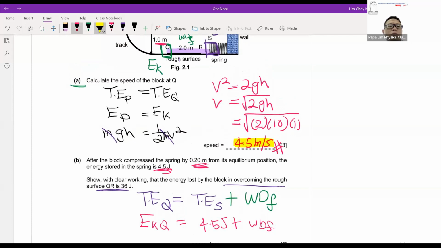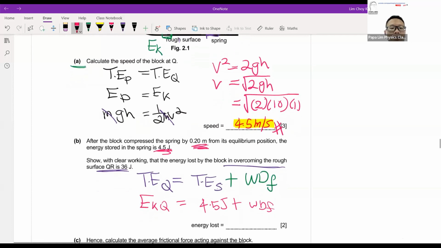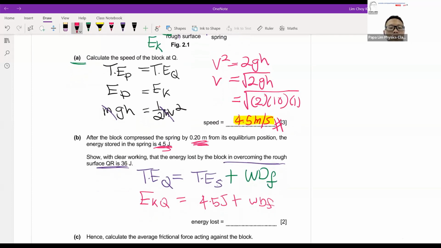So if I substitute the value, I will be able to replace this number with half m 4.5 squared. If you substitute all the equations, you'll find that the answer works out nicely as the work done by friction.